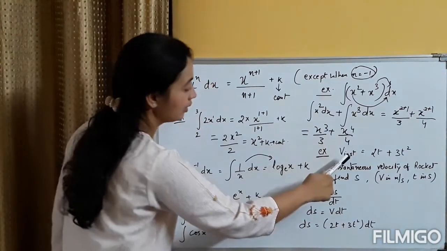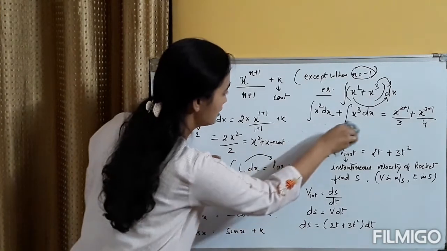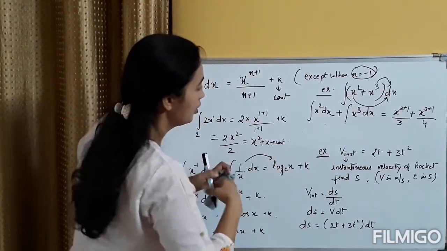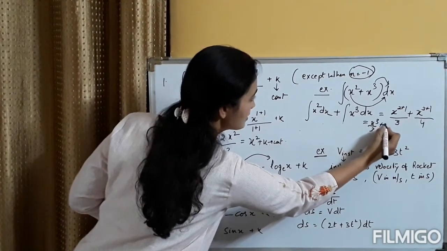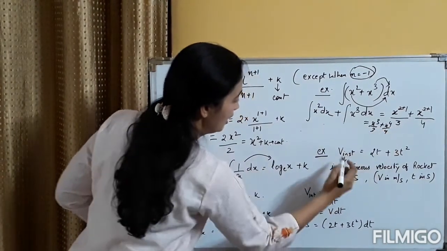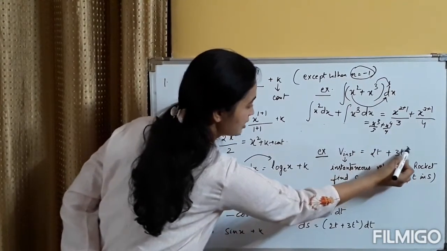One more example. It is given, let it be V instantaneous. I'll write it here so that it's more visible. You got the result there: x cube by 3 plus x power 4 by 4. This is given: V instantaneous is equal to 2t plus 3t square.